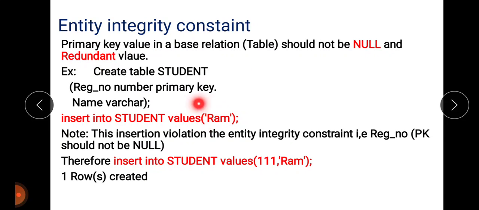Here the register number is not mentioned, therefore it takes a null value. But as per our definition, it doesn't accept any null data. Entity integrity means that when we are inserting the data into that table itself, we find an insertion violation of the entity integrity constraint, that is, the register number primary key should not be null.